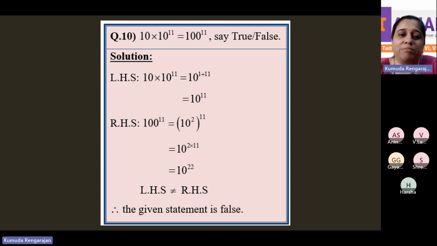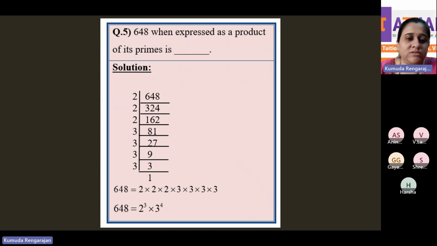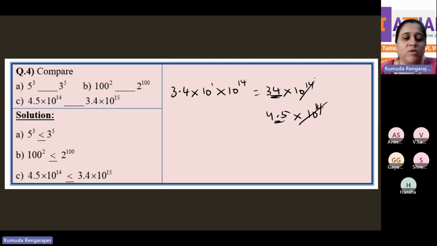So when we had to compare numbers, we first count the number of digits. Then this one, what was the criteria here? So it's different in different situations. So here what we did, we tried to have the second part the same, 10 to the power 14 in both, so that we can compare the first one alone.